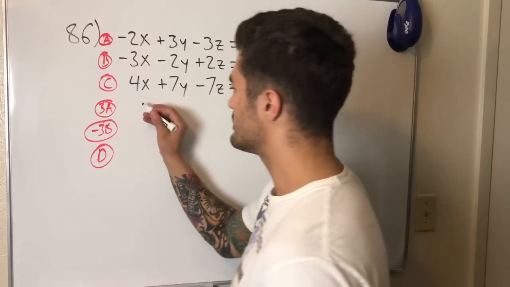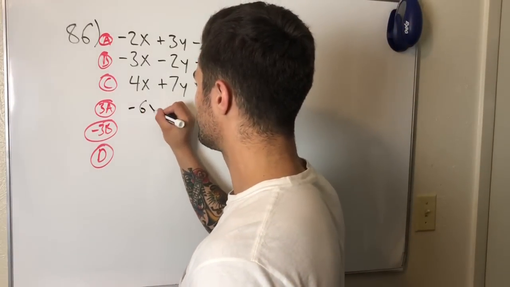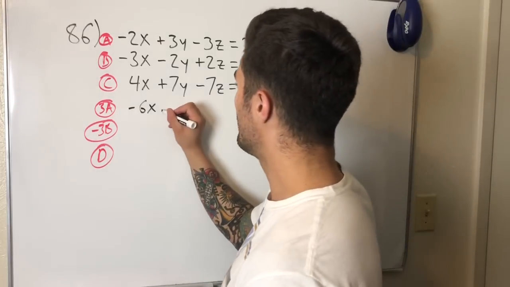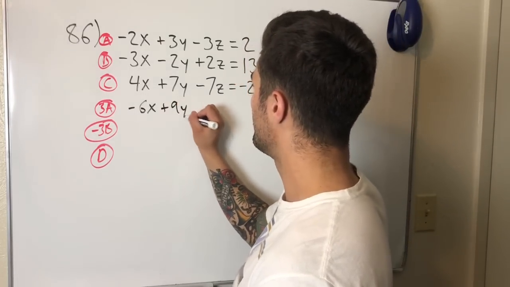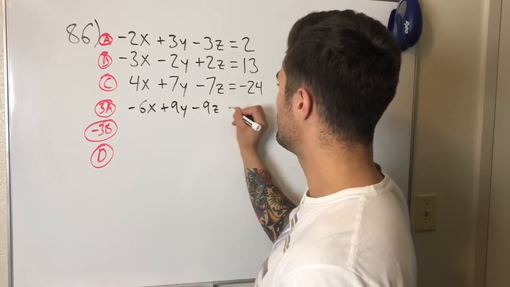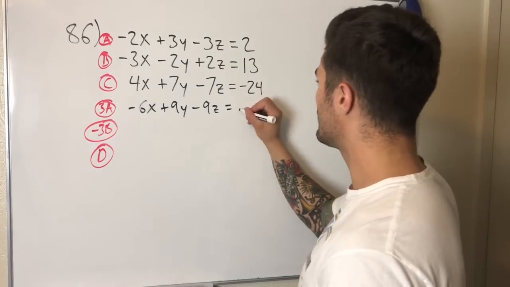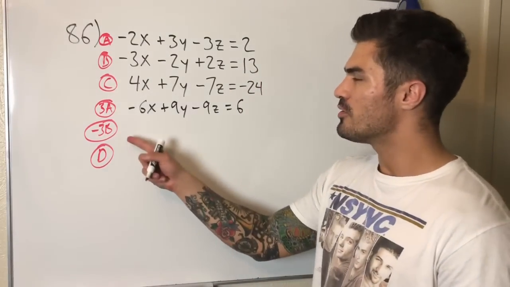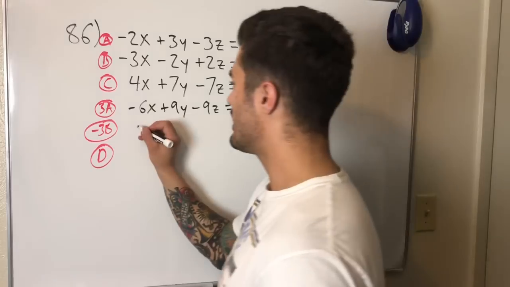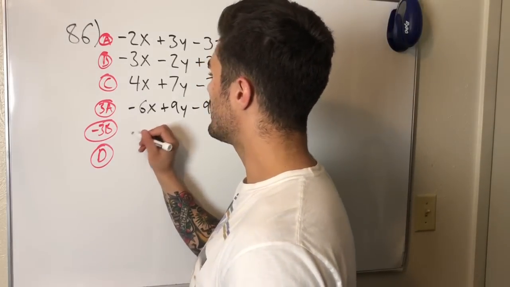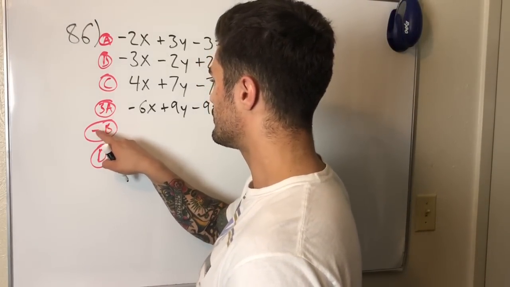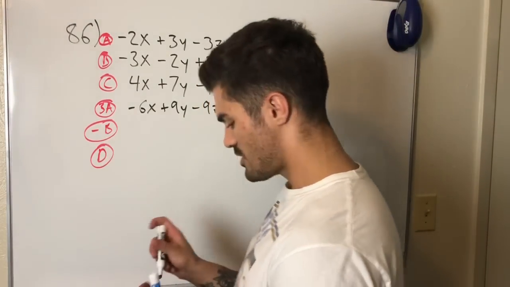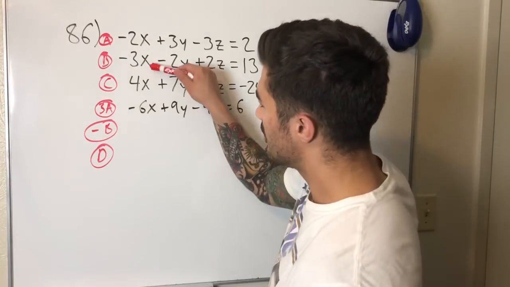So 3a is negative 6x plus 9y minus 9z equals 6. Okay? What about negative 3b? Then I get 9x. Wait, why did it have negative 3? That should be a 2. I'm tripping. Negative 2, right? Because I want to multiply by the other number.